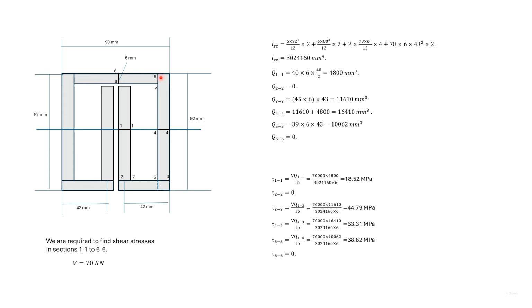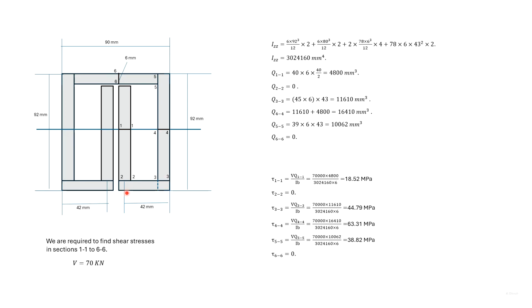Now consider section 5-5. The Q will have to be taken for this whole area. Now consider this whole vertical portion. The centroid of this vertical portion coincides with the neutral axis. So the Q of this whole vertical portion is 0. Also, we have earlier found that the Q of this portion is 0. So we need to take the Q of the portion left of this dotted blue line.